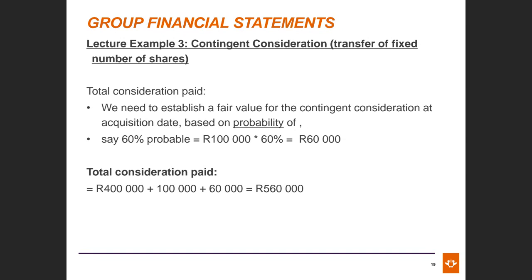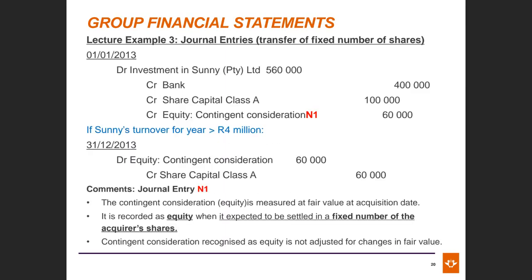Then we need to have a look at our journal entries. So how do we record this contingent consideration? So yes, we need to record the investment in Sunny. So remember, this is in the acquirer's books, in the parent's books.